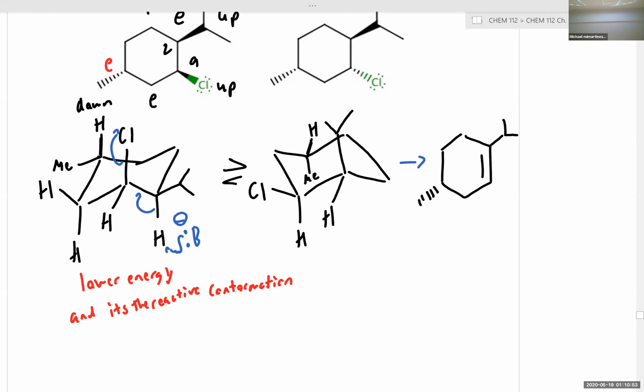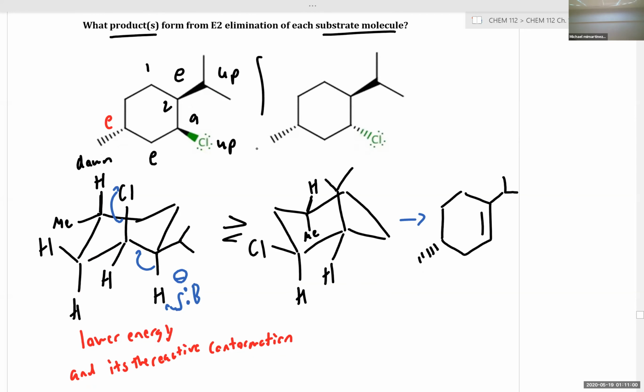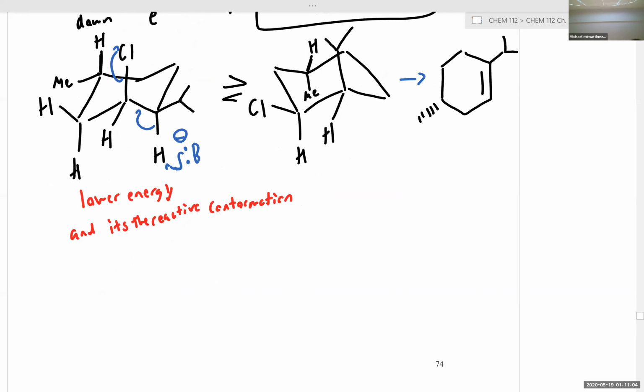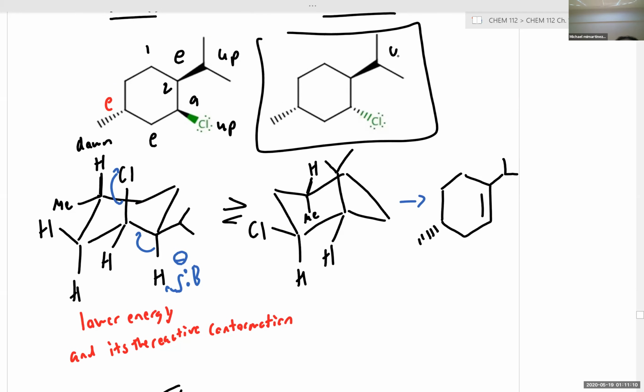Here we go. Perfect. Now let's look at our structure on the right, and let's draw the chair conformation for that structure. So first and foremost, we have up, down, down.